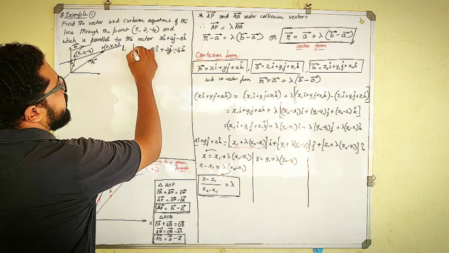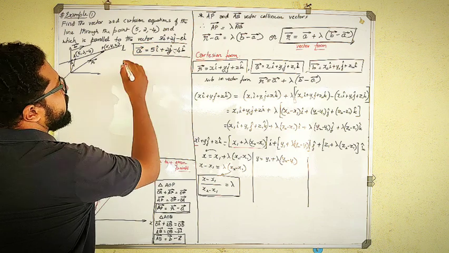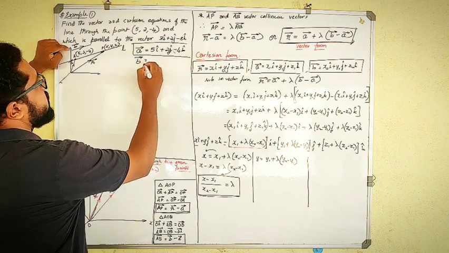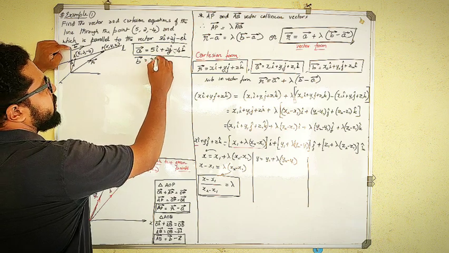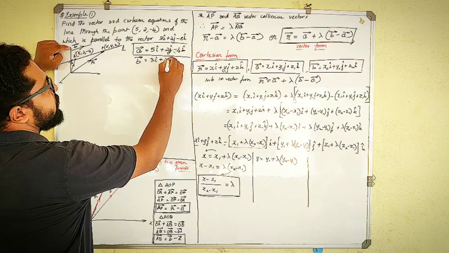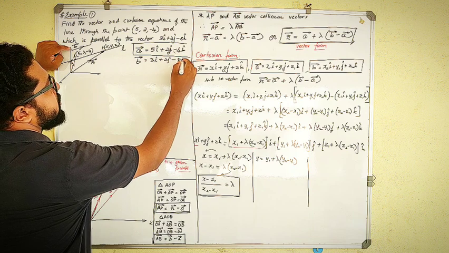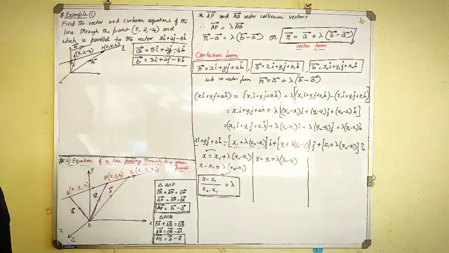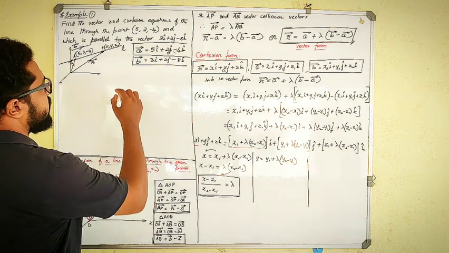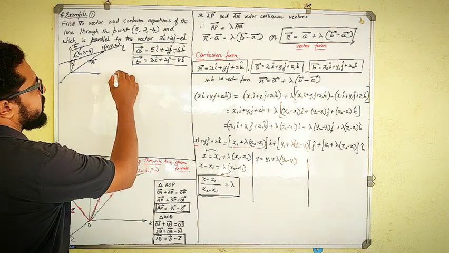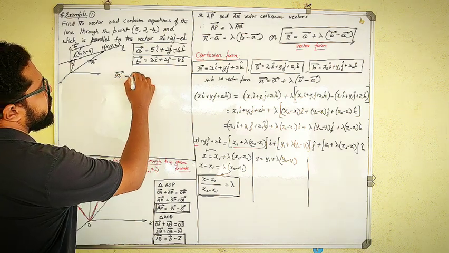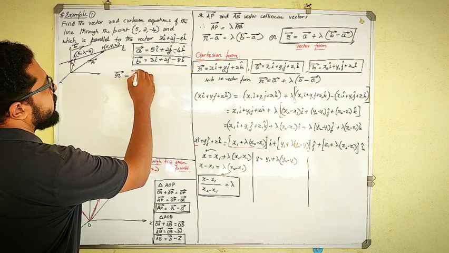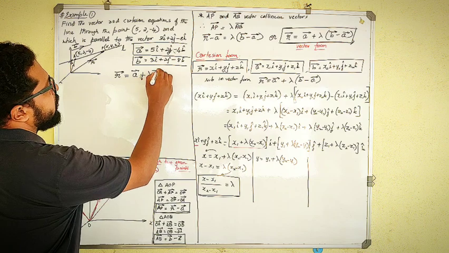And B vector, which is given to me as the parallel vector, is 3i cap plus 2j cap minus 8k cap. So these are the A and B vectors, and the vector form of the equation is nothing but r is equal to A vector plus lambda into B vector.